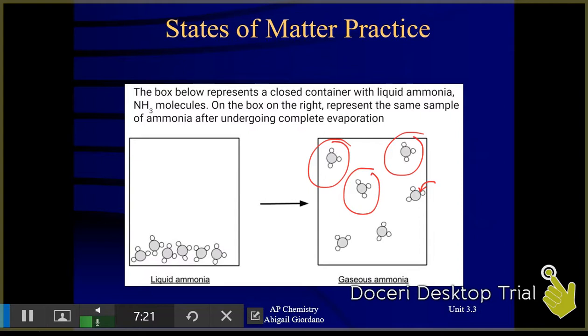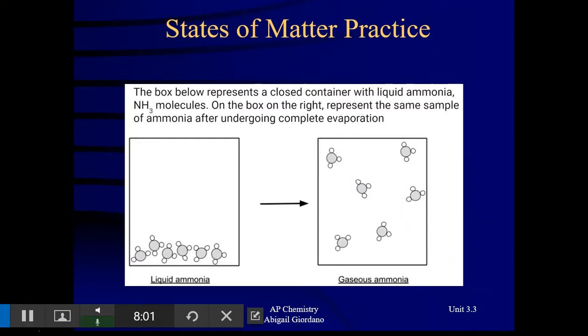If you had drawn something like, let's say that's the center atom, but then you had drawn those hydrogens separately, that would be marked wrong, because that would tell the graders you think evaporation or boiling involves breaking covalent bonds, and it doesn't. So that's how you would get full credit on a question like that. I just wanted to show you what a question involving states of matter might look like.